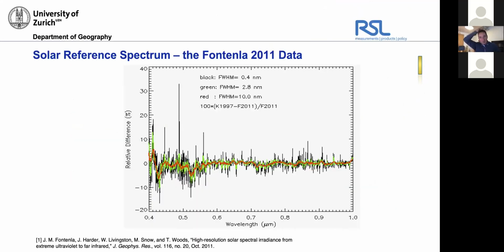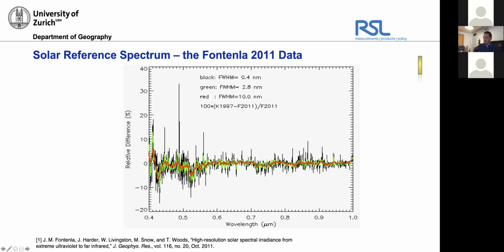The same you see if you look at the spectrum. Here we compared just two spectra of the Sun, an older one from 1997 and one modeled in 2011. If you compare those at the level of an imaging spectrometer, you get differences well above 1%, up to 5% in the spectrum, and the same happens with other references.